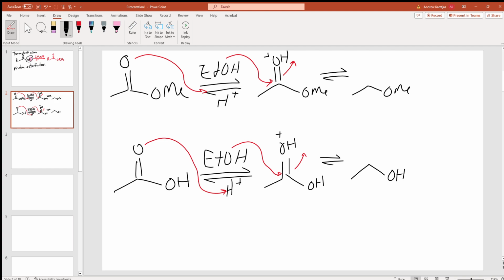Which again we can see is the exact same reaction in either case.